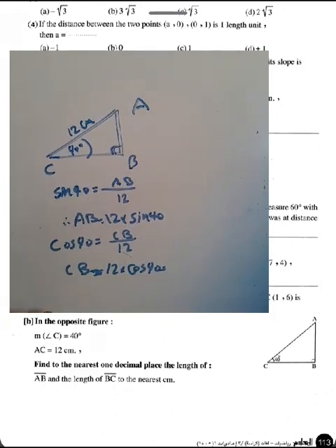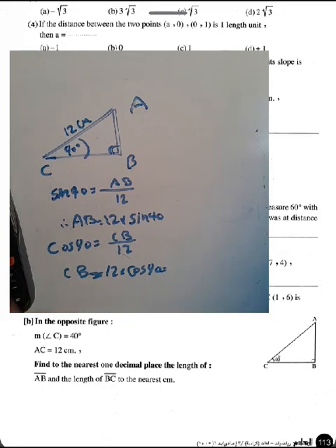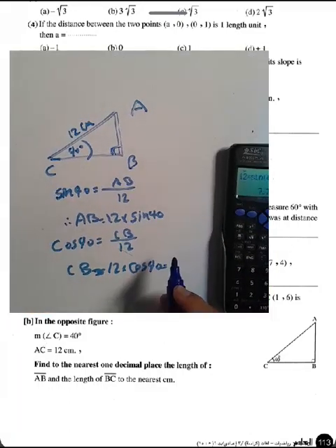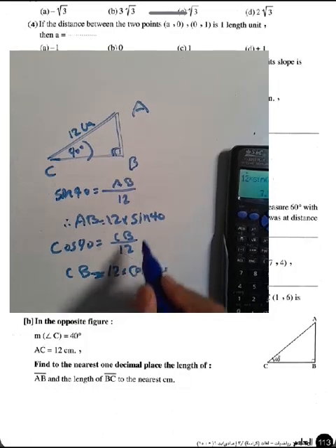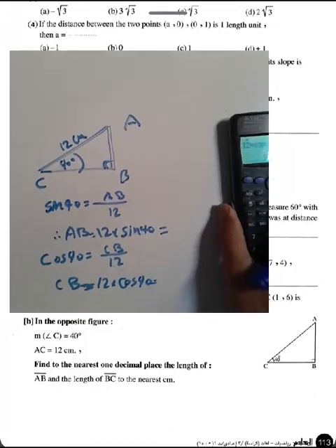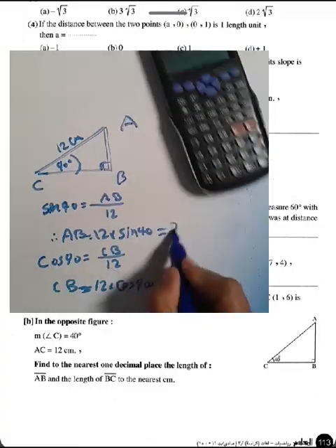Now in your calculator, 12 times sine 40. The result will be 7.7. He wants the result approximated to the nearest centimeter.